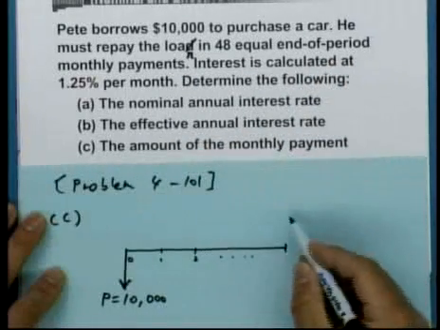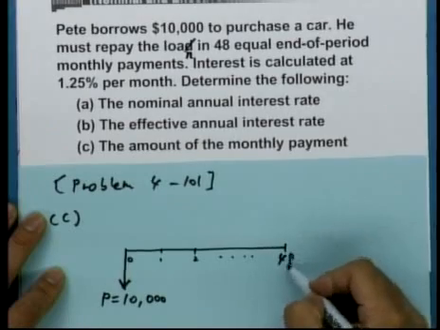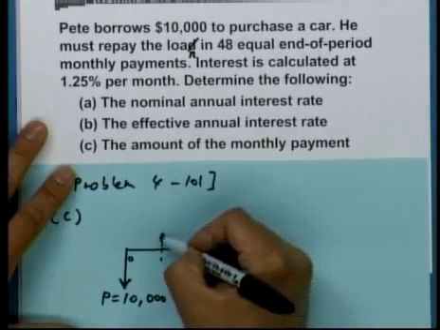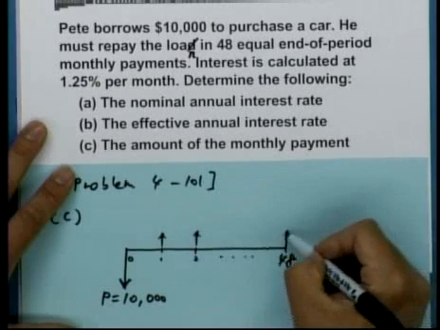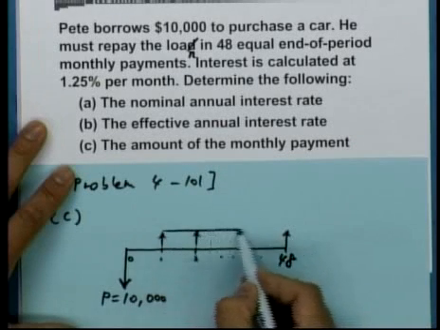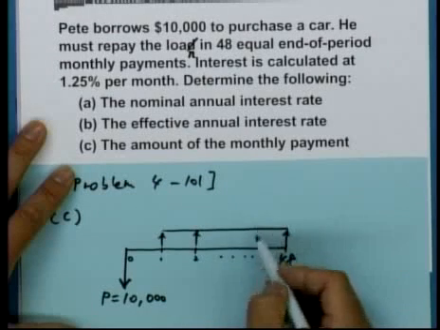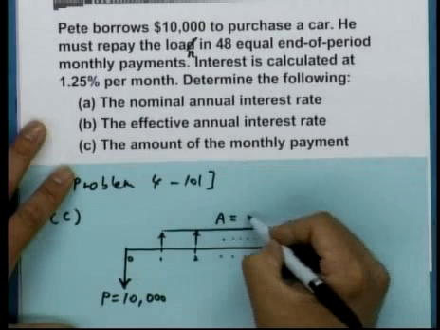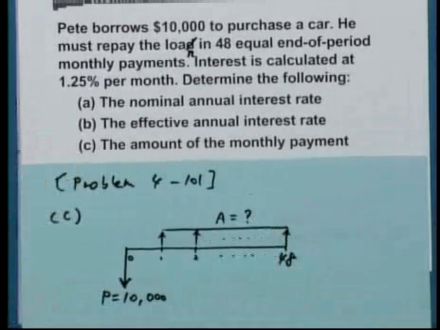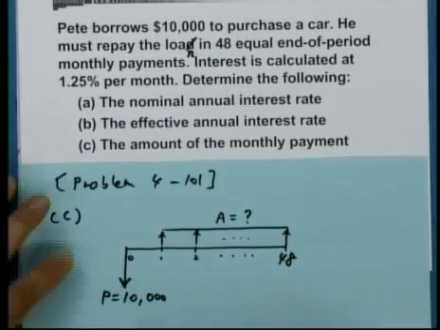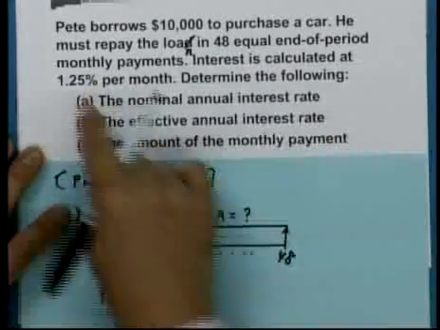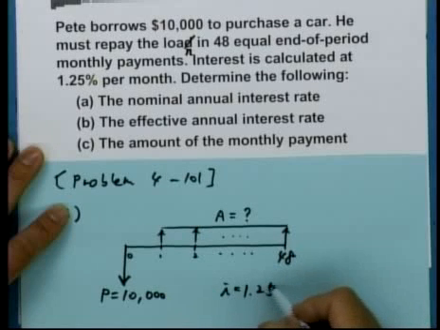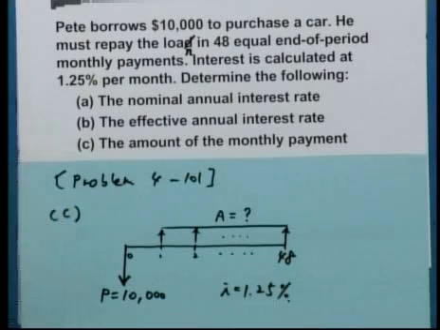So the last one should be 48, right? So we want to find A, right? And what interest rate are we going to use? That is 1.25%. I is 1.25%. Okay?